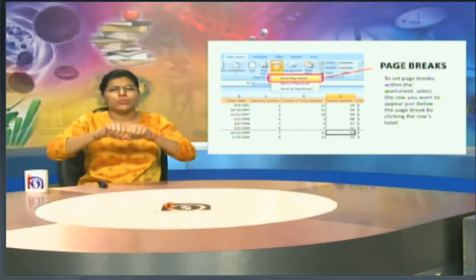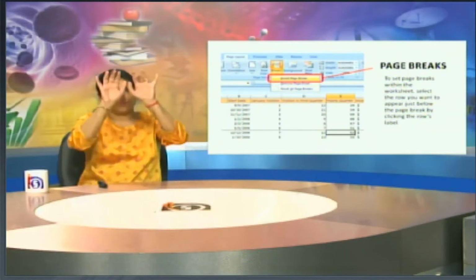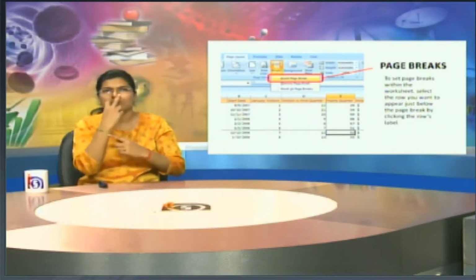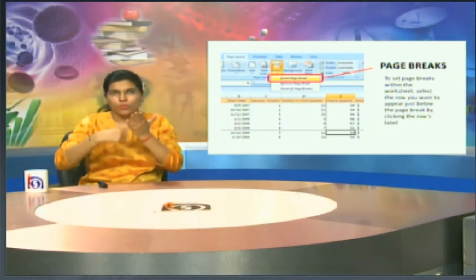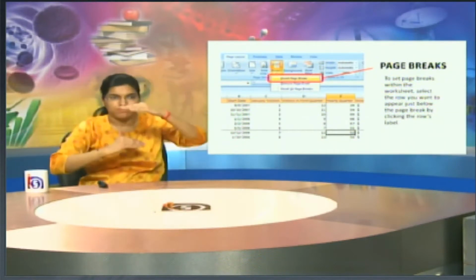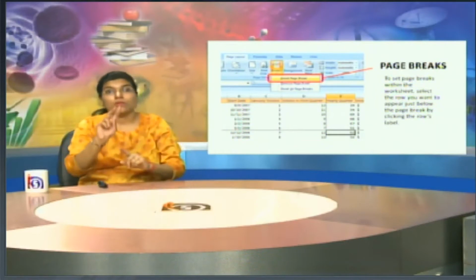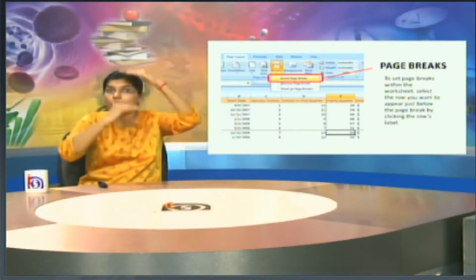Now let's understand the page break. For example, you have typed some text in the sheet, and earlier you have worked in MS Word and there are long sheets or long tables.